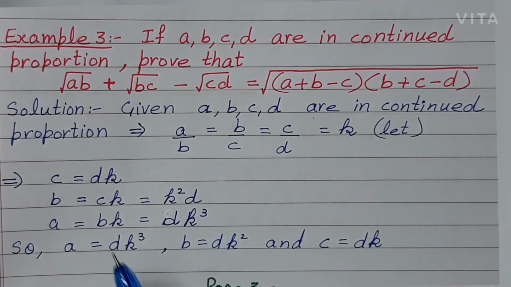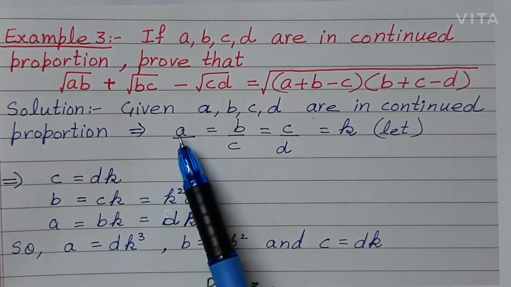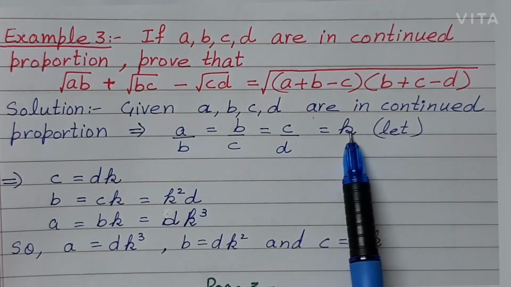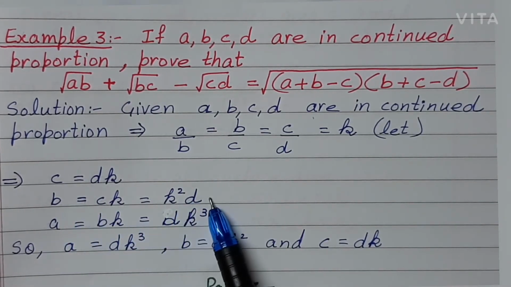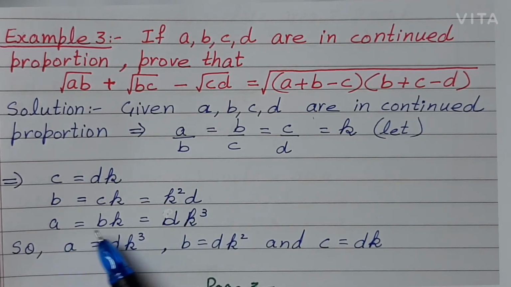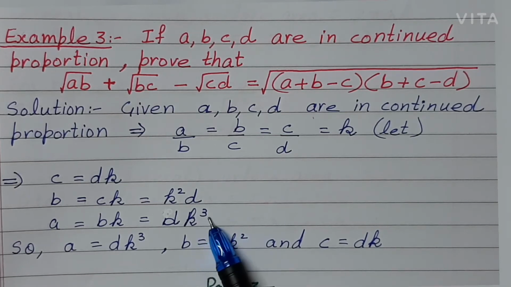Right? Similarly, A is bk. Right? But the value of B is k square d. So, A will become dk cube, or you can say k cube d.